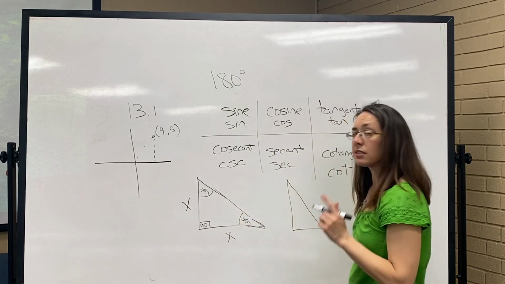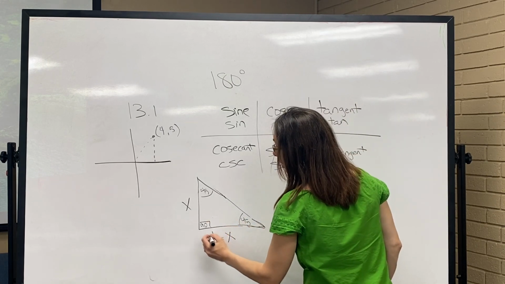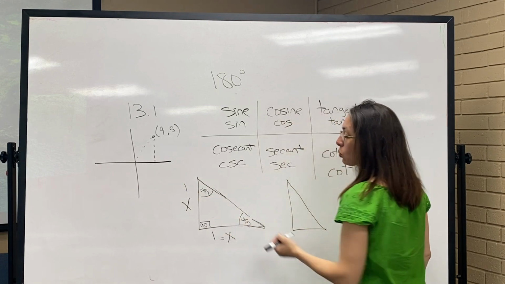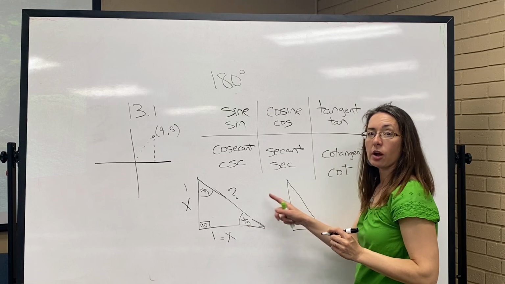I'm gonna put x. If we're looking at our unit 1, we would say, let's call these sides 1. So if they're each 1 in length, it leaves us a question: what is our hypotenuse?